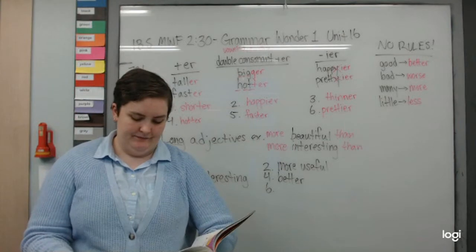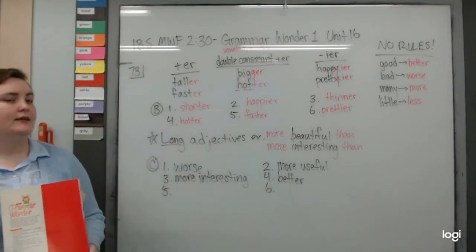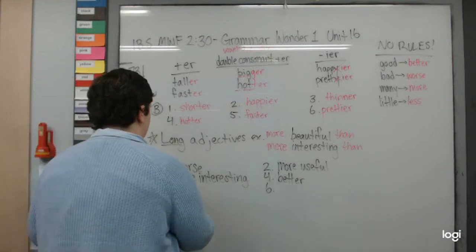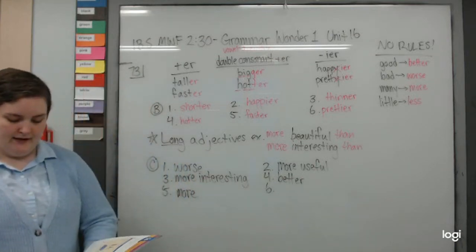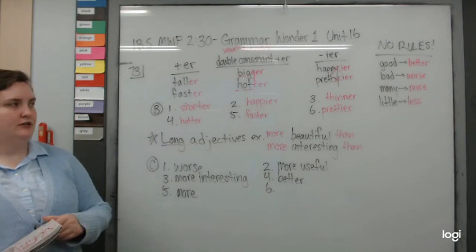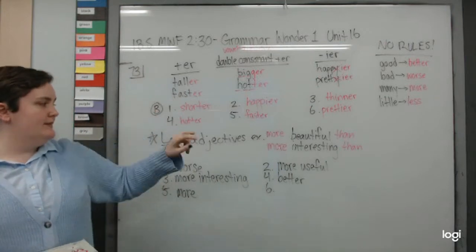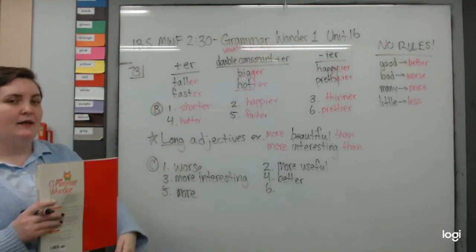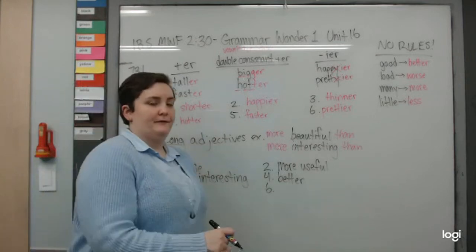Next, number 5, many. Is it a no rule? Yes, it is. More. And 6, difficult. Is it on our no rules list? No. Is it long? Yes. More. We add more for more difficult.